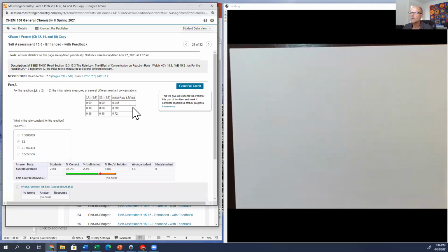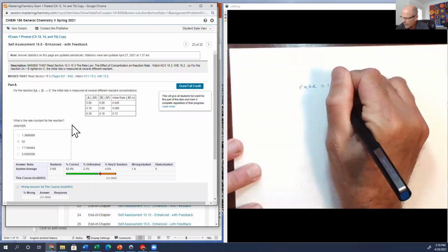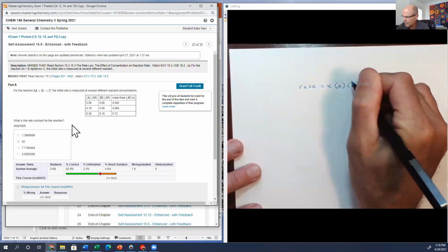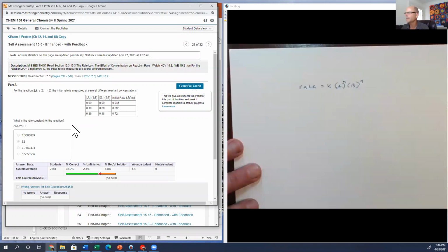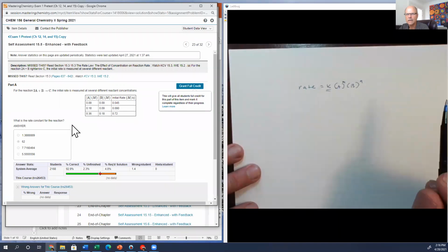Okay, so here they tell you the reaction is measured at several different reaction concentrations, okay? And now they're asking for the rate constant. So you have to know the rate law, right? Rate is equal to K times A times B to some integer, right? Some number. So in this case, they're asking for K, all right?